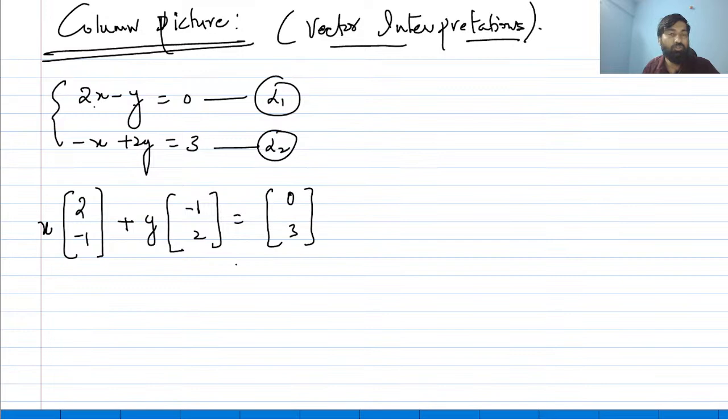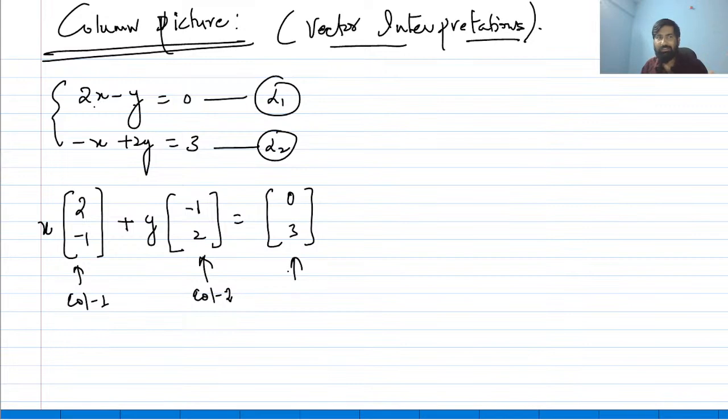So how many columns are there? This is column number 1, this is column number 2, and this is again one column, the resultant column you can say.